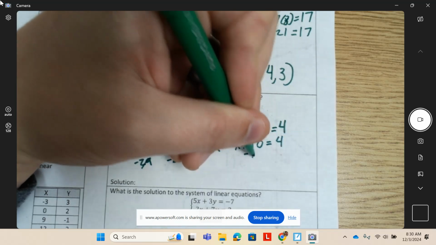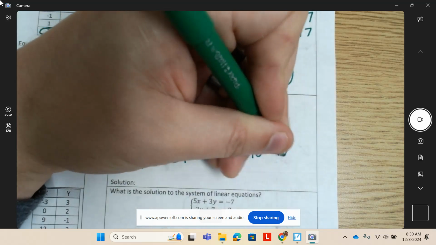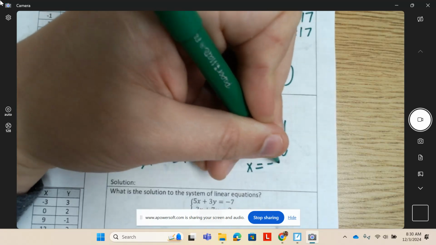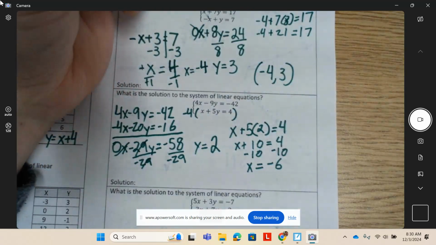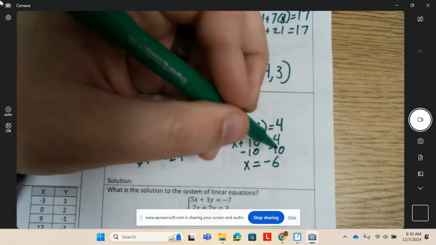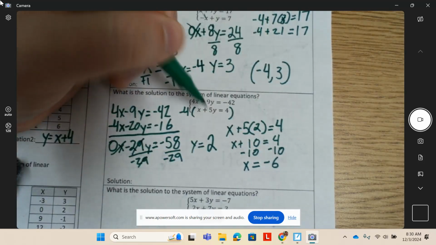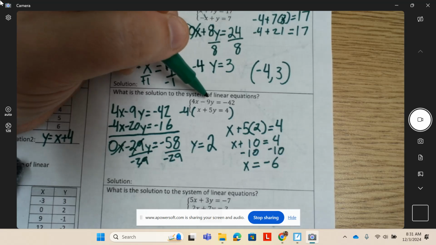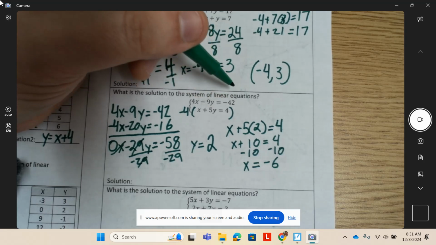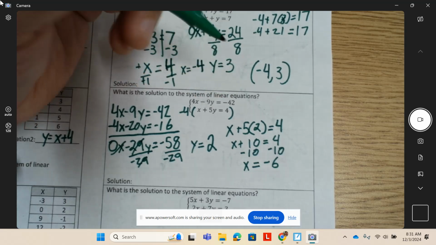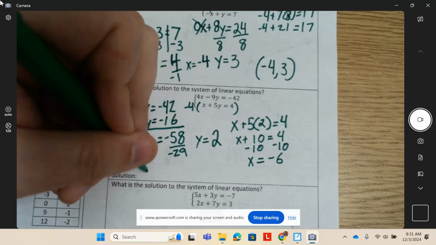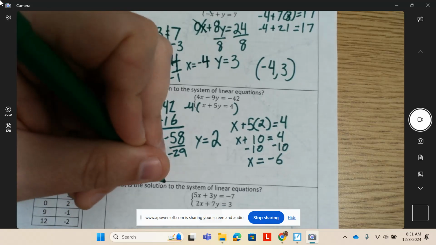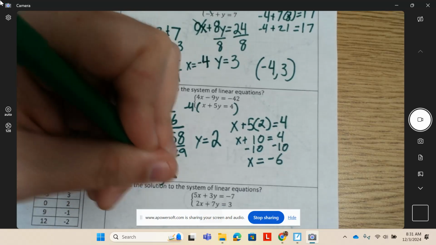I just subtract 10 from both sides, and I end up with x equaling negative 6. Same thing, I could plug this in, a negative 6 there, a 2 there, gives me negative 24 minus 18. Looks like it's getting me to that negative 42. So my solution here would be negative 6 and 2.